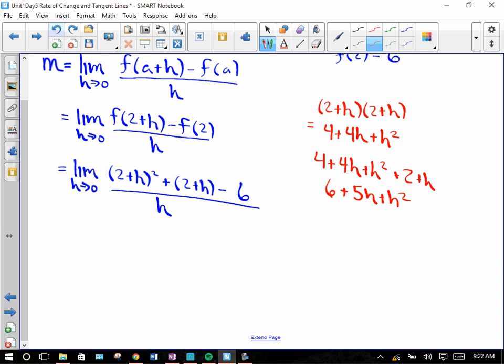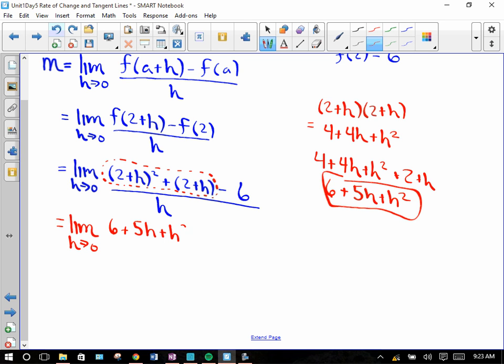So I'm taking this and plugging it in for all that right there. That right there is f of 2 plus h. So this whole thing is equal to the limit as h approaches 0 of 6 plus 5h plus h squared minus 6, all divided by h.